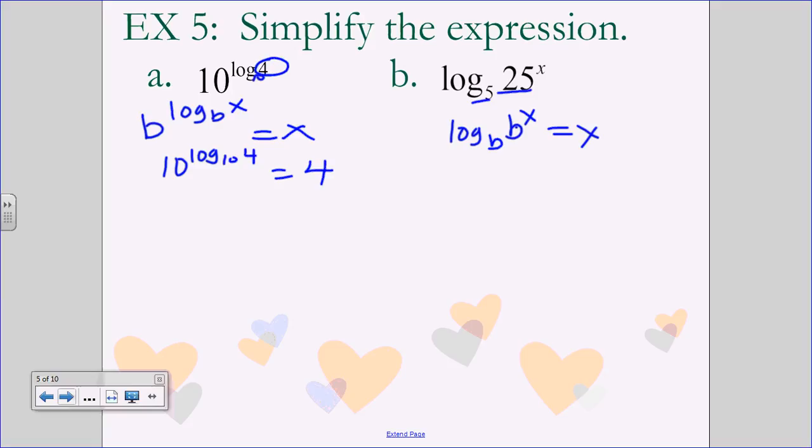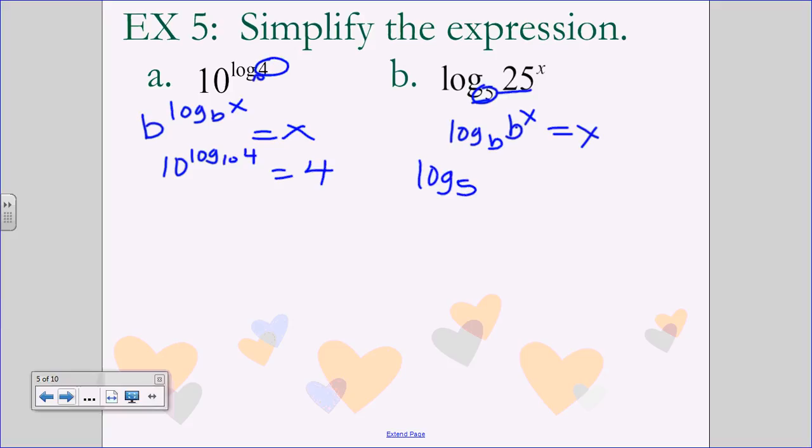Those are not exactly the same thing, so we need to change one of them to look like the other. We want to keep an integer down in the base if possible, so we're going to leave that as log base 5.